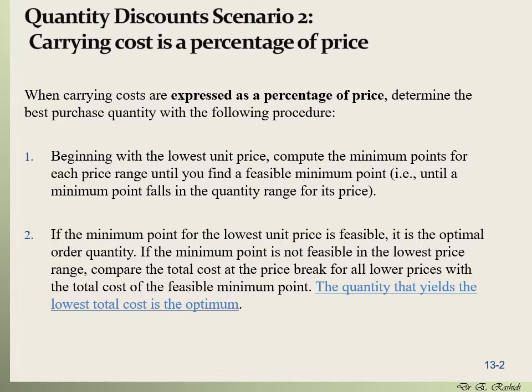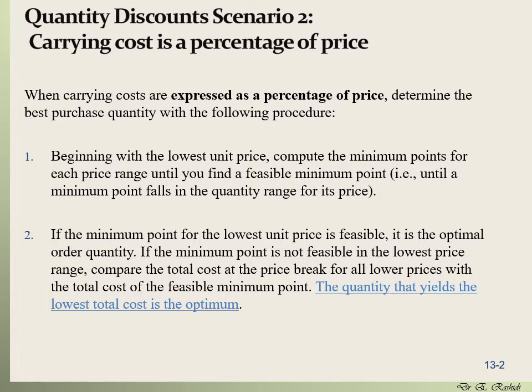Step 1, beginning with the lowest unit price, compute the minimum points for each price range until you find a feasible minimum point. This means until a minimum point falls in the quantity range for its price. This is going to make more sense when we do an example, so bear with me so far.